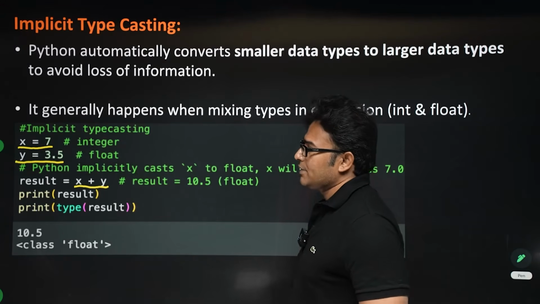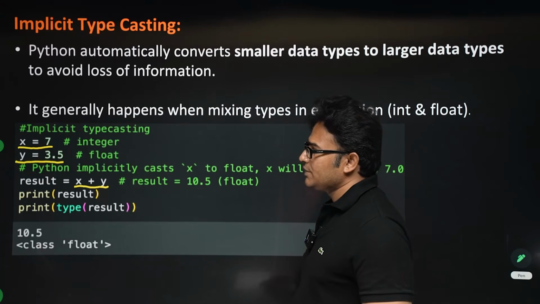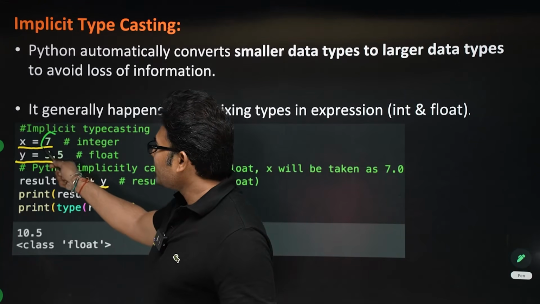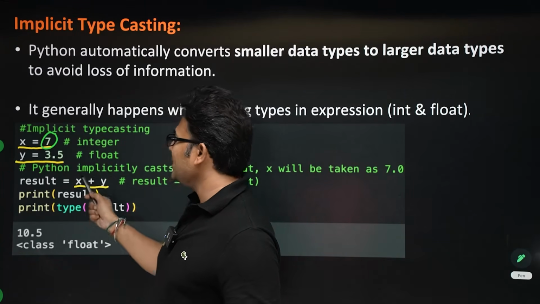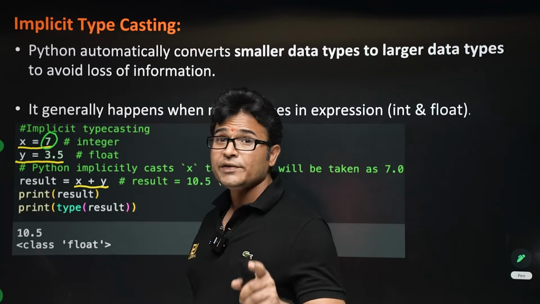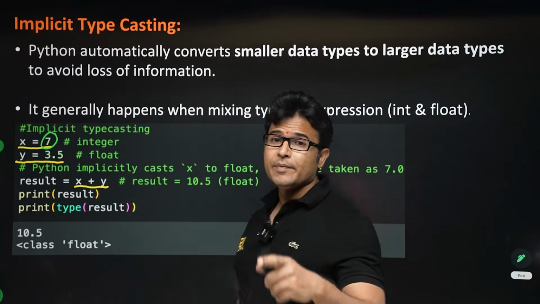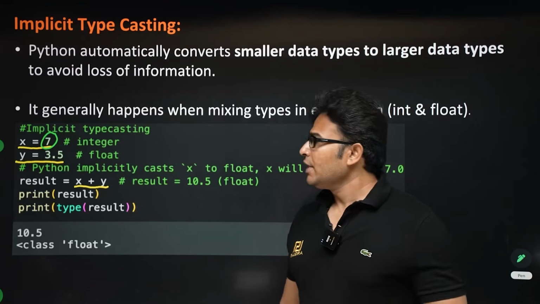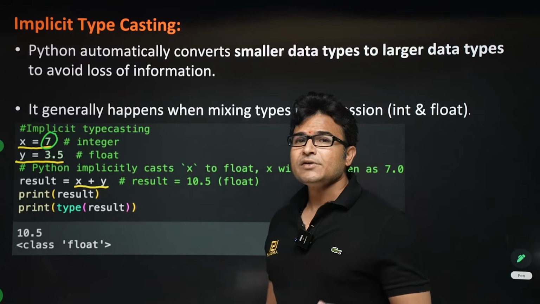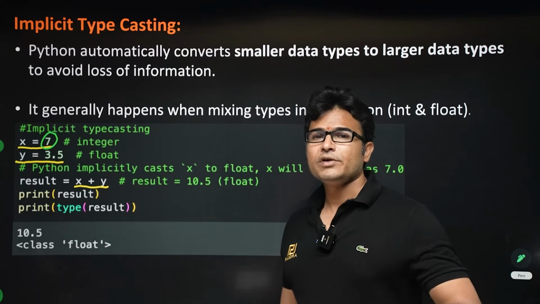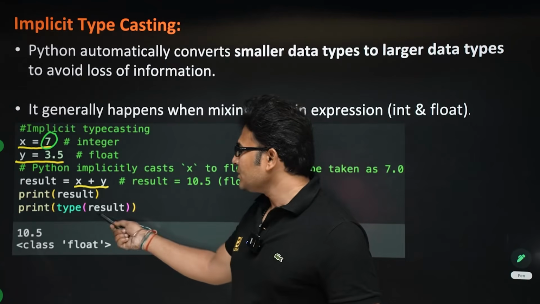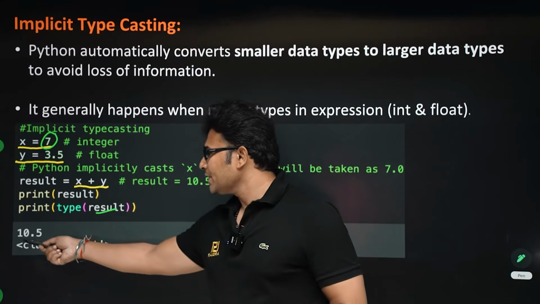Now what will happen? x will be converted to a float, and then the addition will take place. You are not doing this conversion. It is automatically done by Python. That is why it is called implicit conversion. Even though x is an integer, it will internally be converted to a float, and then float addition will happen. That is why you are seeing the result type as float and the result as a float.